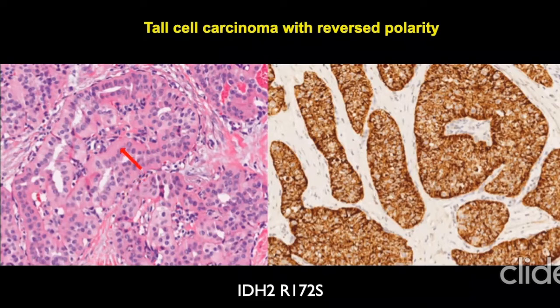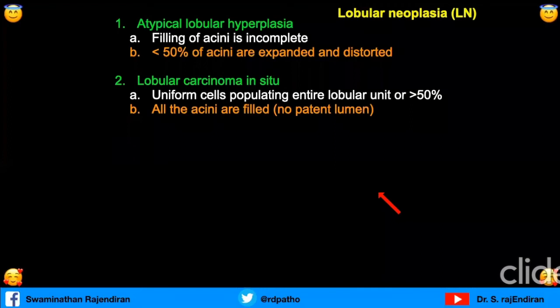That's why it is called reverse polarity. The mutational changes happen in IDH2, and this is the immunohistochemical stain for IDH2. When you see a tall cell papillary carcinoma-like lesion in breast, do IHC and prove it as tall cell carcinoma with reverse polarity with IDH.